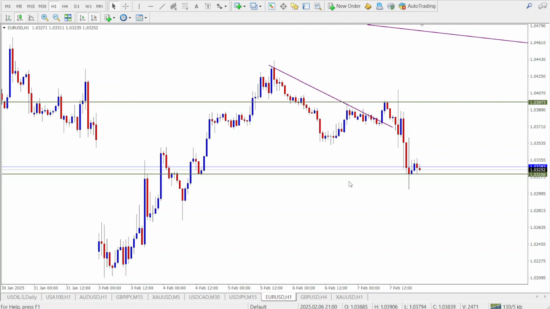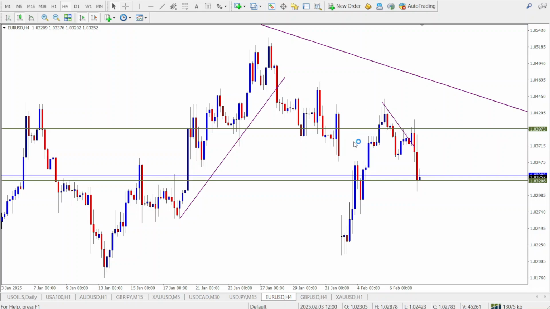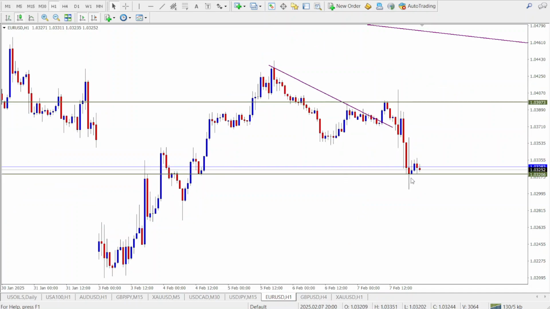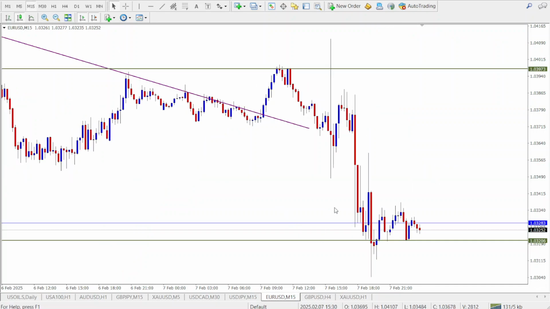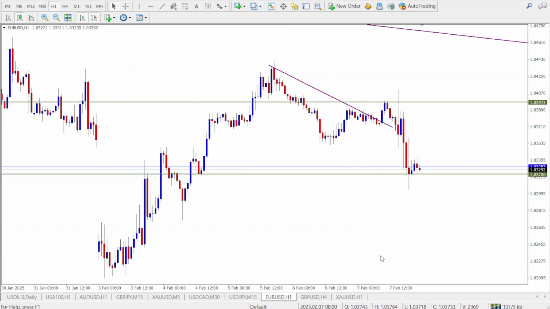Then for day traders, your higher time frame can be your 4-hour chart to understand the overall market structure. Then your mid time frame could be your 1-hour chart to spot trade setups. Then your lower time frame could be your 15-minute chart to time your entries and exits. Then in the case of scalpers, your higher time frame can actually be the 1-hour chart for your overall trend direction.